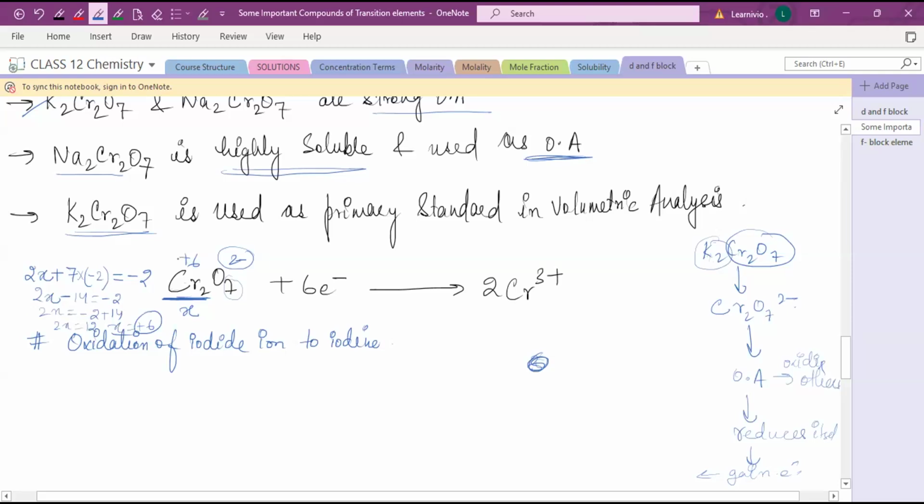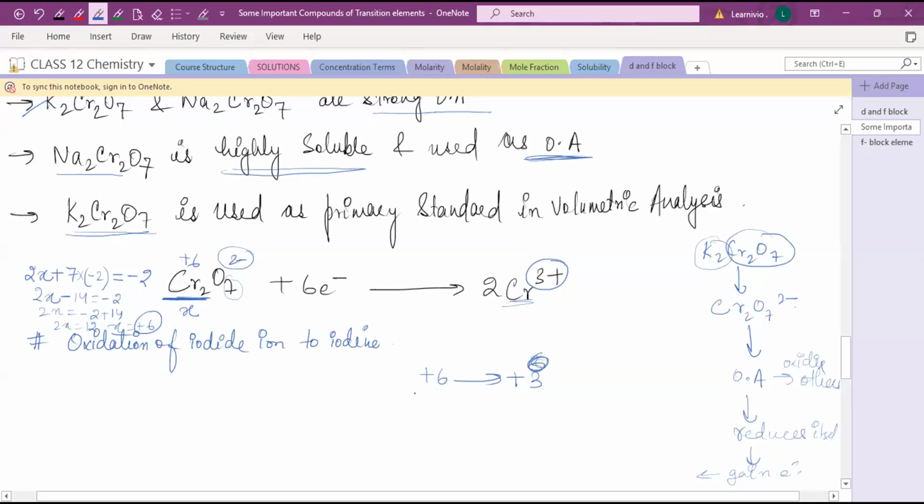So from this +6 oxidation state, what is chromium doing? It just changes to the +3 oxidation state, Cr3+. So +6 is converted into +3. Here there is a gain of electron, because it is converting from +6 to +3.